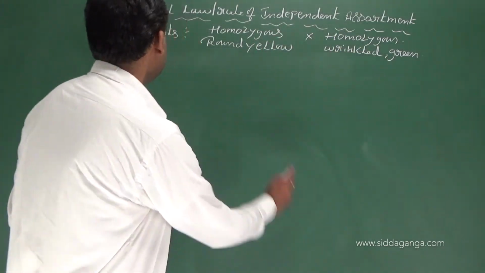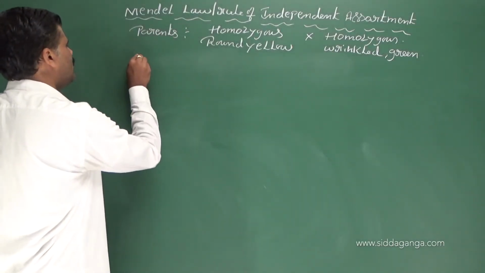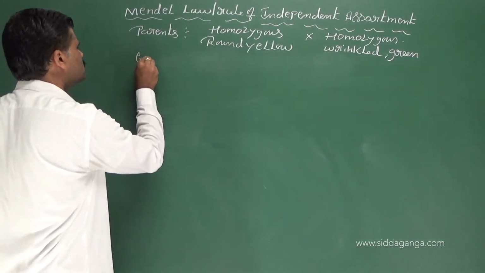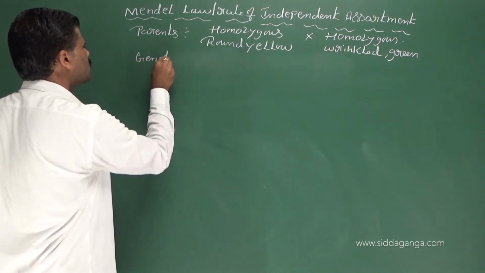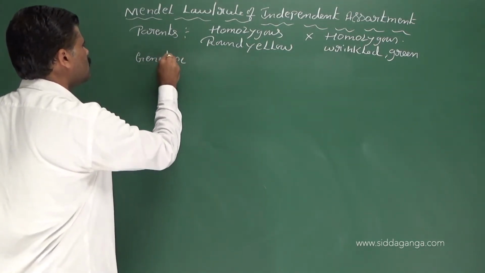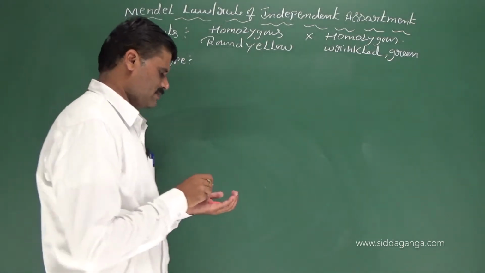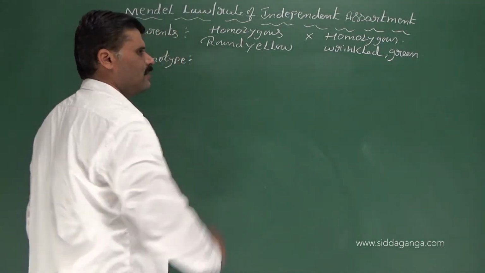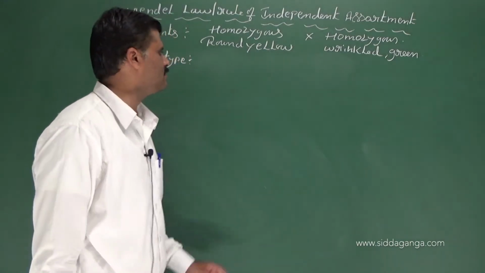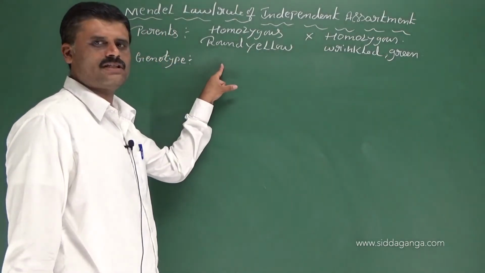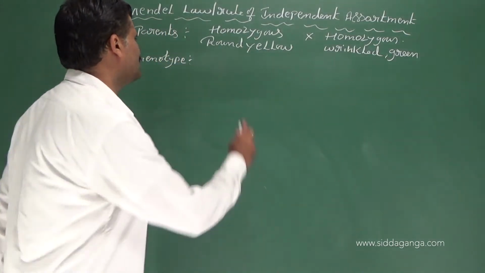Okay, now the genotype. Genotype of this plant. How do we represent the genotype? Genotype, I already told you, is nothing but the genetic makeup or genetic constituent of an organism.